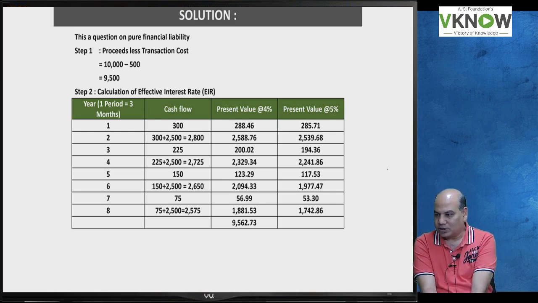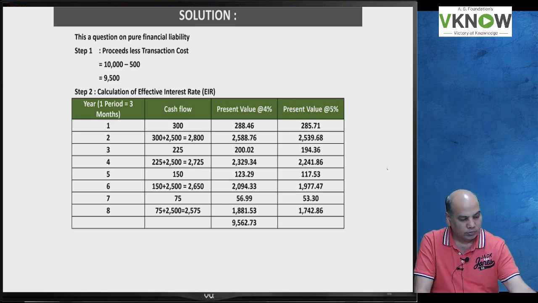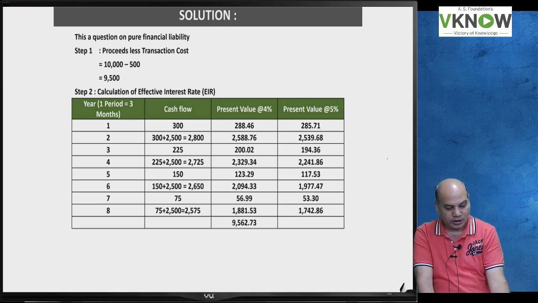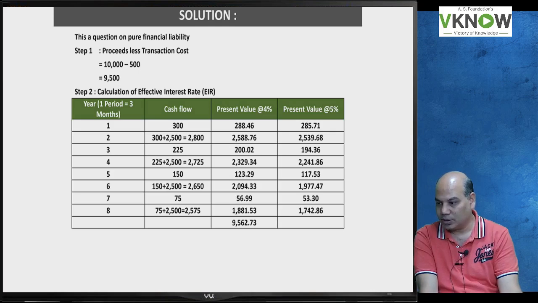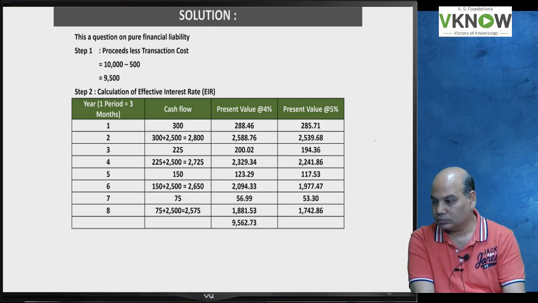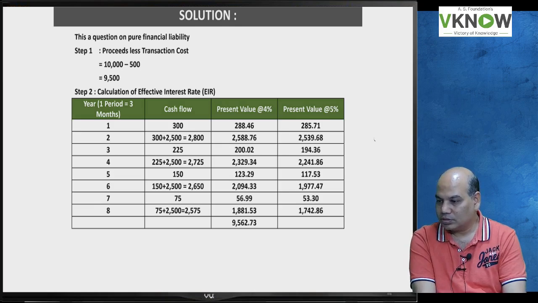Please complete the 5% column. Use the memory plus function for better and quick response. Yes, please reply. 194.36 is right or different? Fourth year, fourth quarter. 2241.86. Fifth quarter, come on. 117.53.